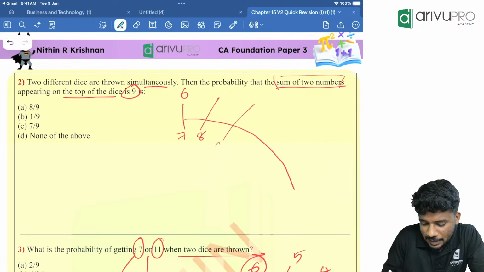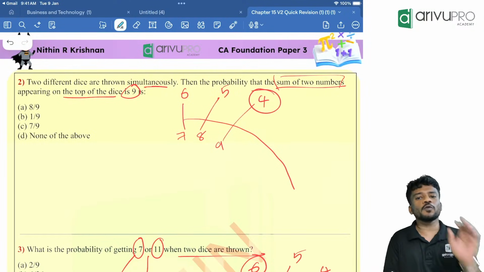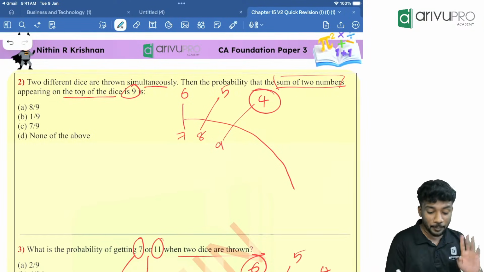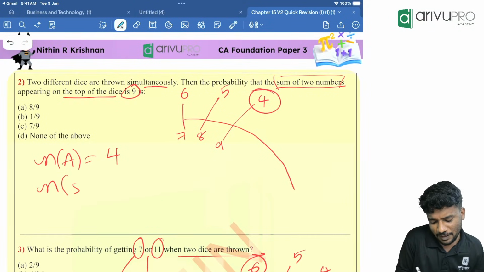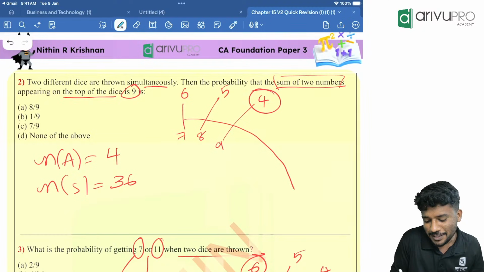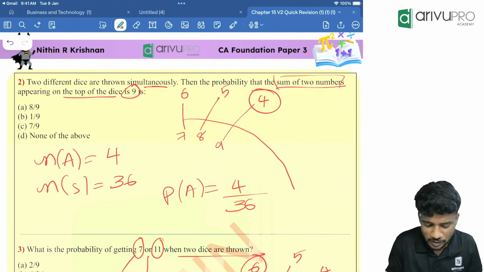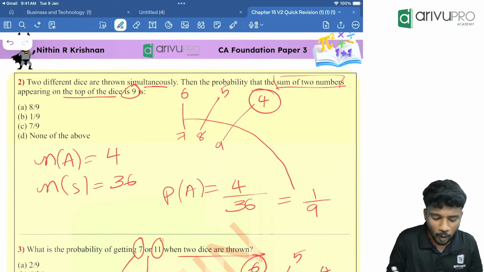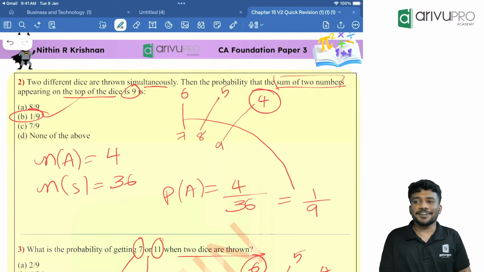Then 8, 9. Till there only we require, right? 5, 4. So sum of 9 happens 4 times. So n of A will be 4. Then n of S is anyway 36. So P of A is 4 by 36, which is equal to 1 by 9. Option B is the right answer.